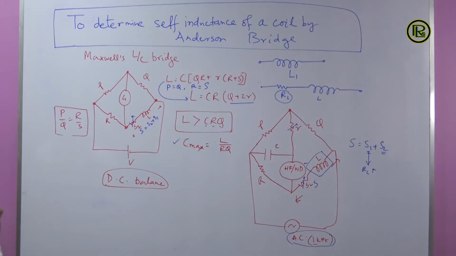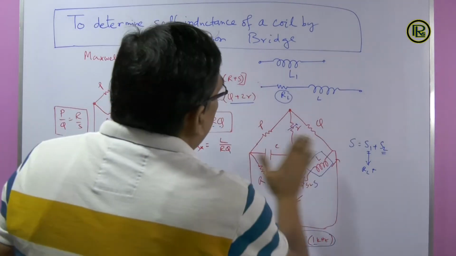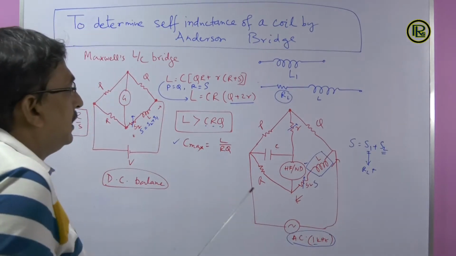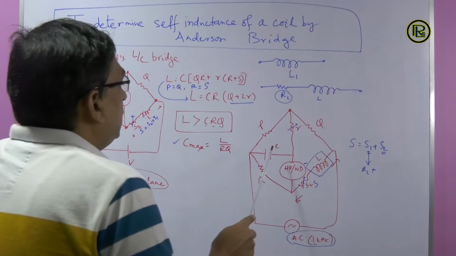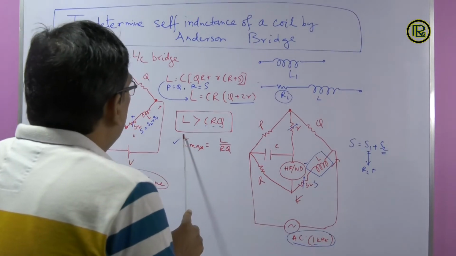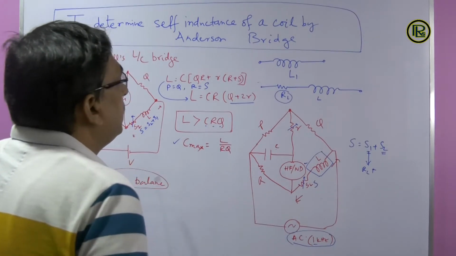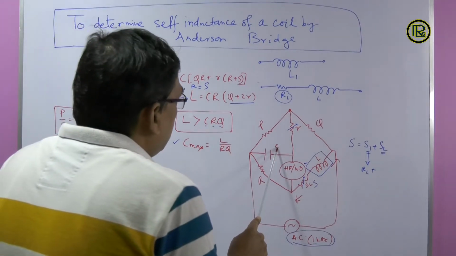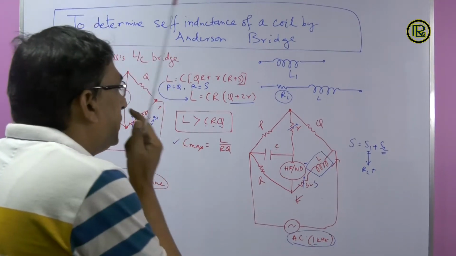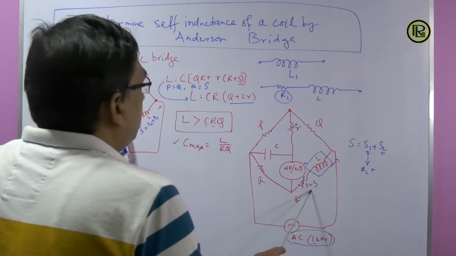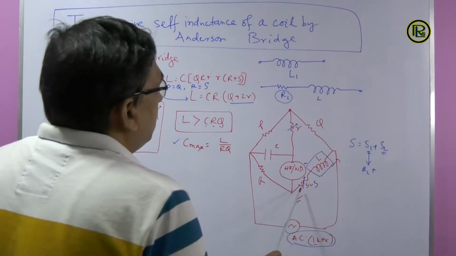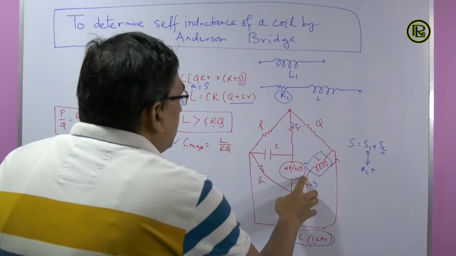Then we have to get back to this circuit. Now what we have to do is take a certain value of C considering this condition. So we have to fix a C value. Then S2 we have to keep at what we got during the DC balance, so there is no need to adjust S2 anymore.